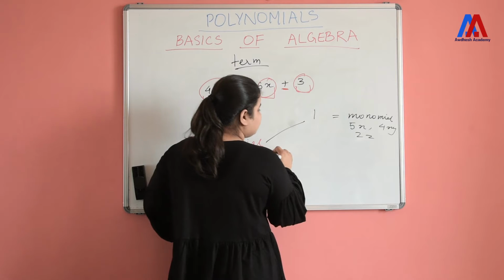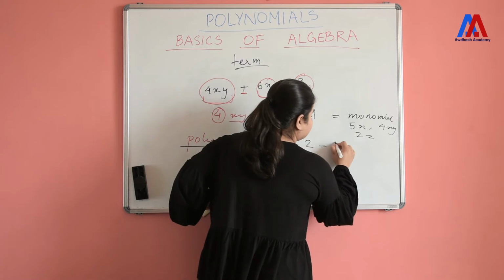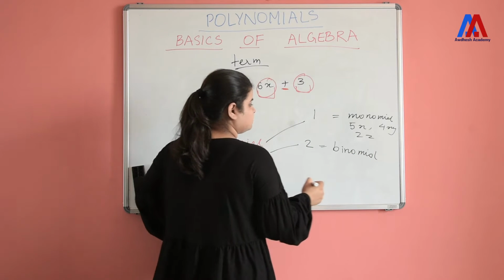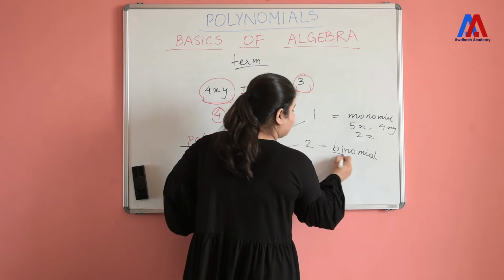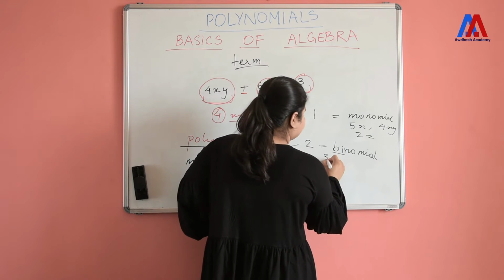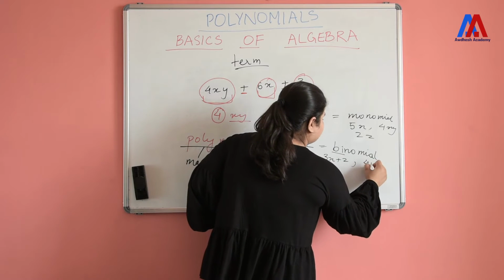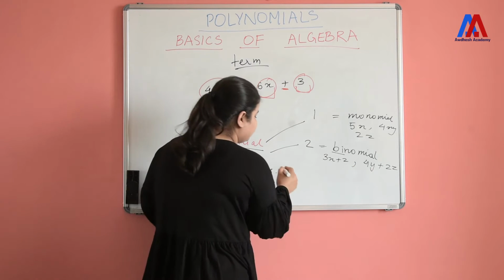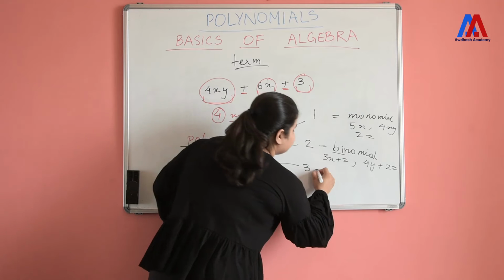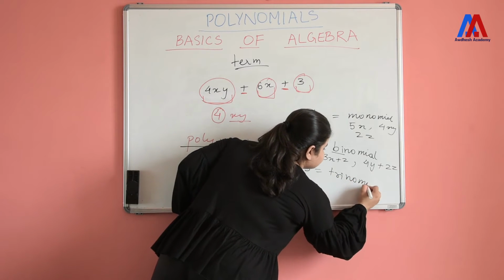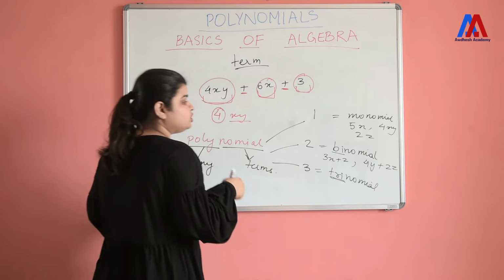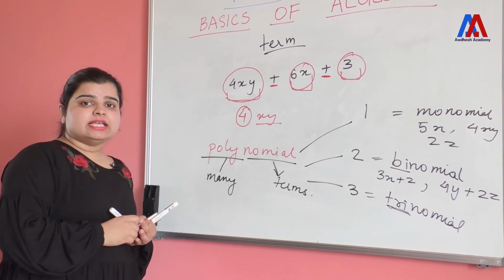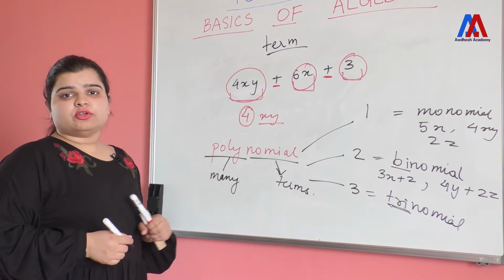Now suppose a polynomial has two terms, it is called a binomial. Bi means 2, like 3x plus 2, 4y plus 2z. These are binomials. Likewise, for 3 terms, we'll have a trinomial. Tri means 3, like this was a trinomial. For other cases, generically, we'll say it is a polynomial.